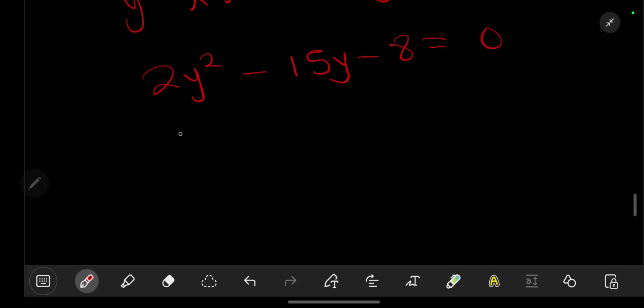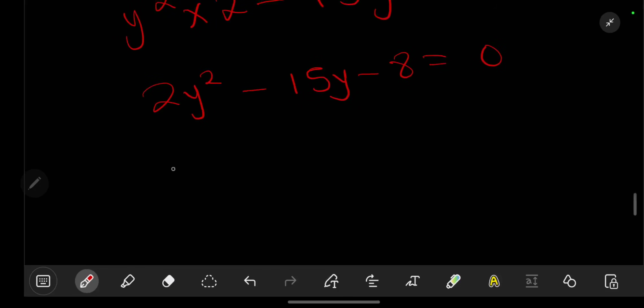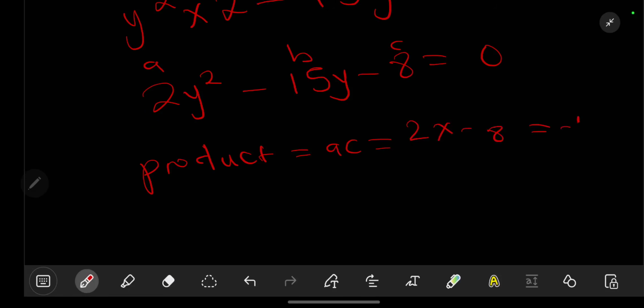So according to this, this is the quadratic equation. We are going to have our product equal to AC, and according to a quadratic equation, this is our A, this is our B, this is our C. So our AC is 2 times negative 8, which will give us negative 16.